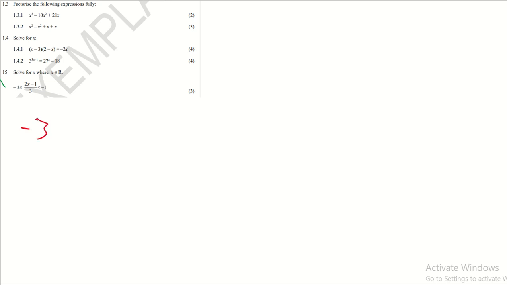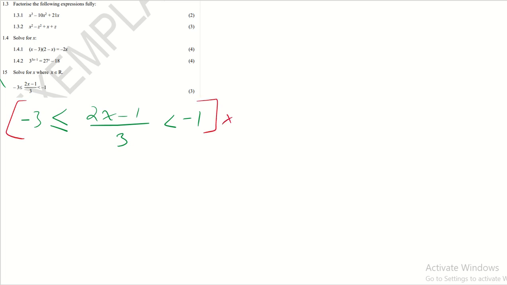-3 less than or equal to 2x minus 1 divided by 3 less than -1. So here you just want to isolate x. Start by multiplying by 3 on all sides.